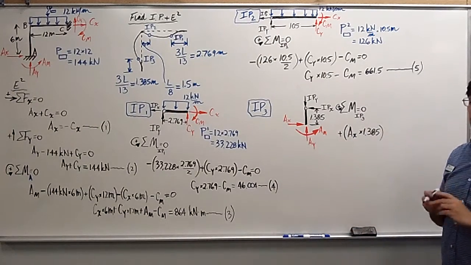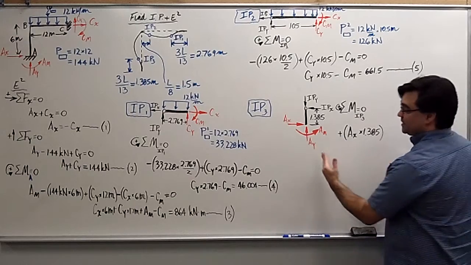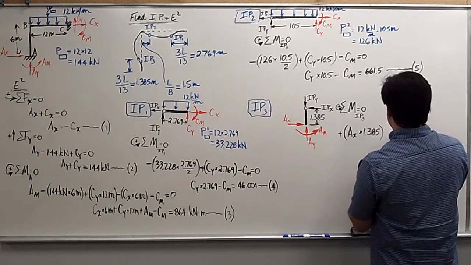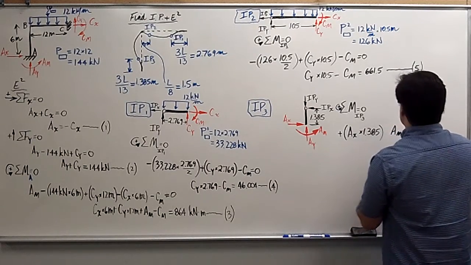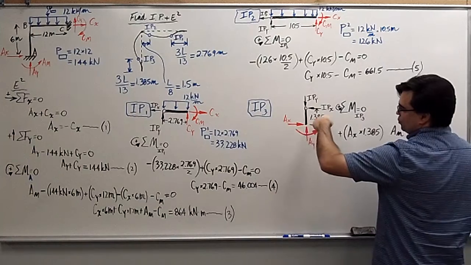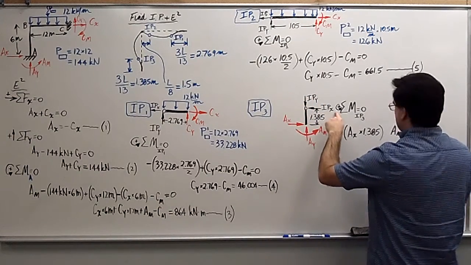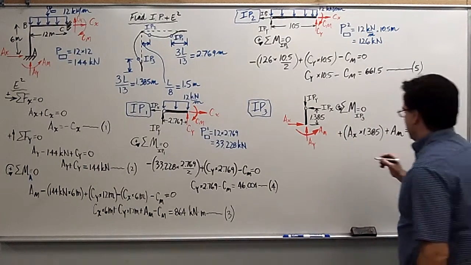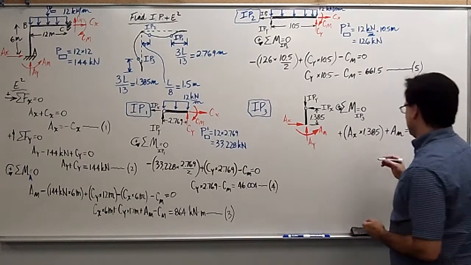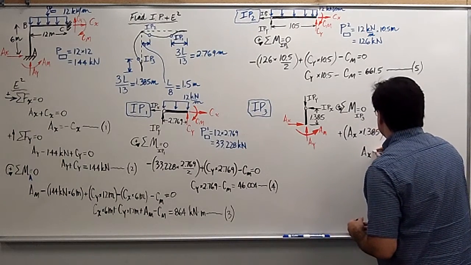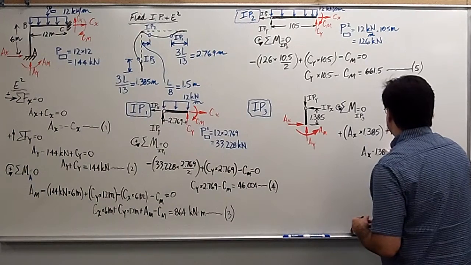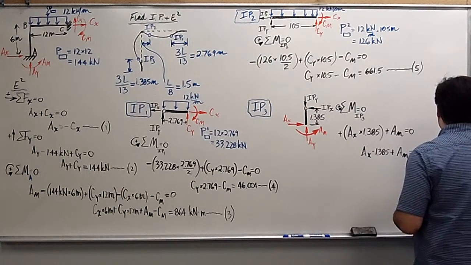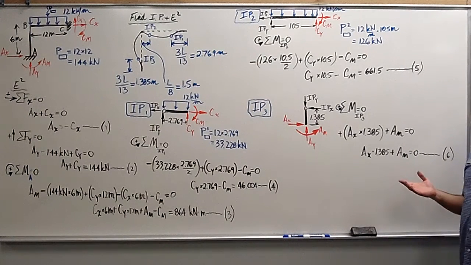Ay causes no moment with respect to this inflection point because Ay goes through it. The distance is 0. And then there is Am. The moment at A, we guessed it going this way, which is the same as that, so positive. So let me rewrite it slightly nicer: Ax times 1.385 plus Am equals 0, and that's equation 6.